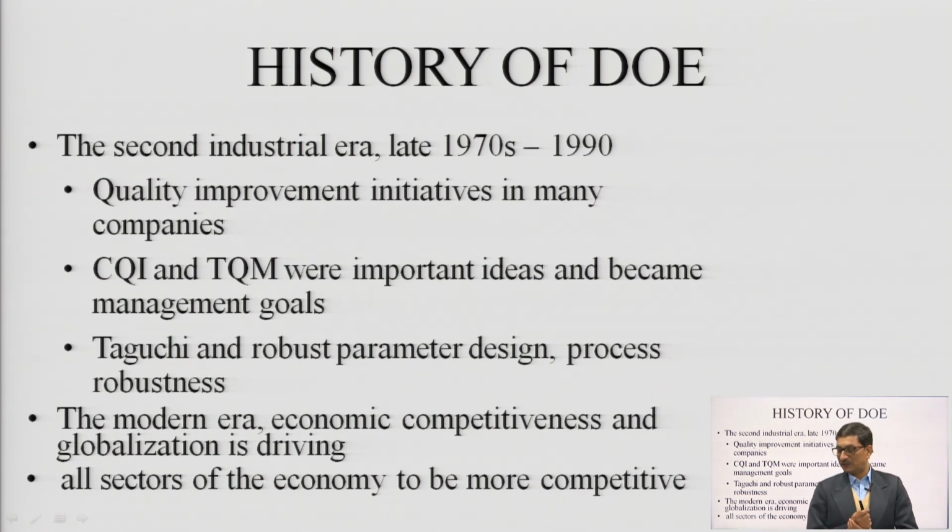Taguchi and robust parameter design, process robustness, and some Taguchi methods were developed from 1970 to 1990. The modern era: economic competitiveness and globalization is driving all sectors of the economy to be more competitive.